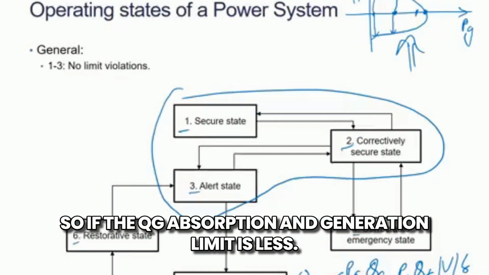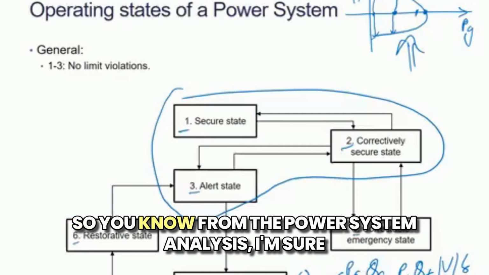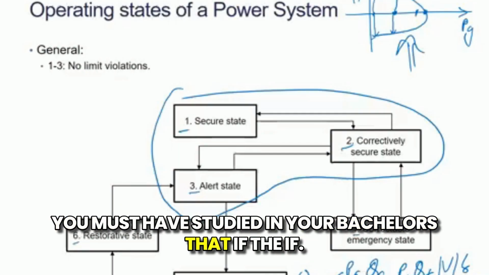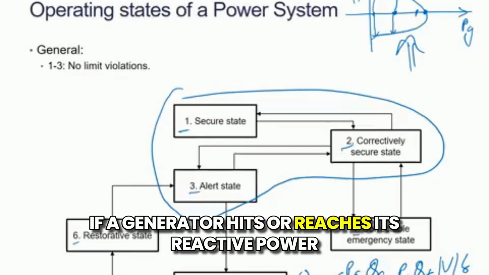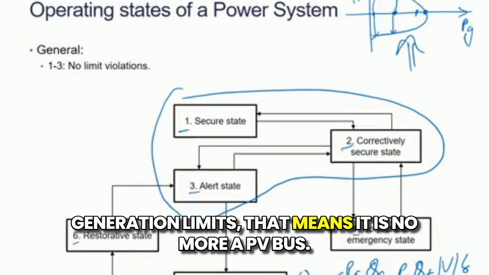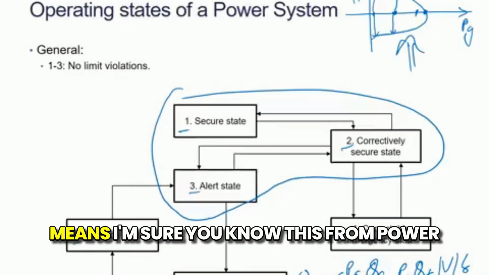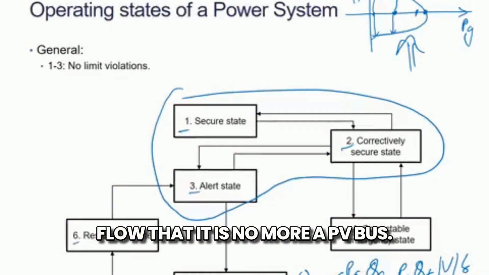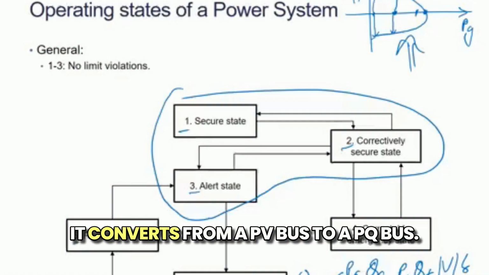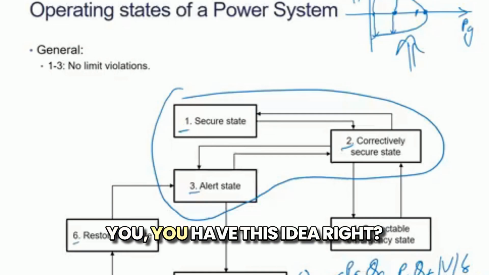If the QG absorption and generation limit is small, then, as you know from power system analysis, and I'm sure you studied in your bachelor's, if a generator reaches its reactive power generation limit, it is no more a PV bus. I'm sure you know this from power flow: it converts from a PV bus to a PQ bus. You have this idea, right?